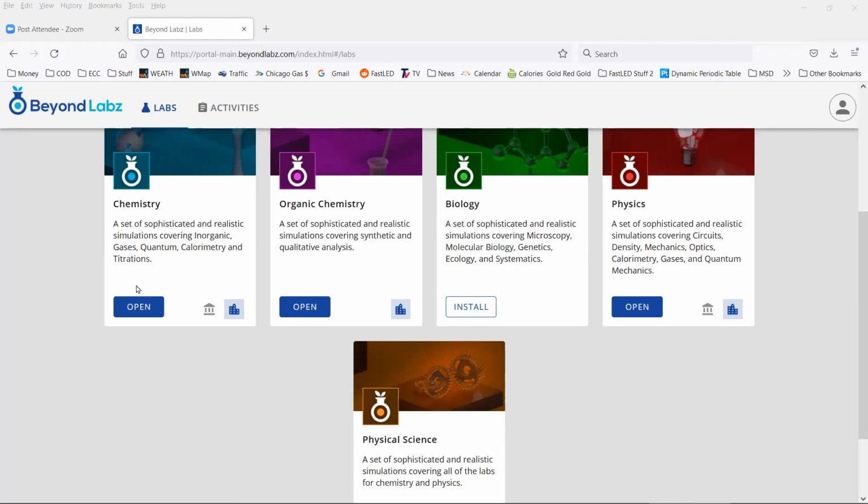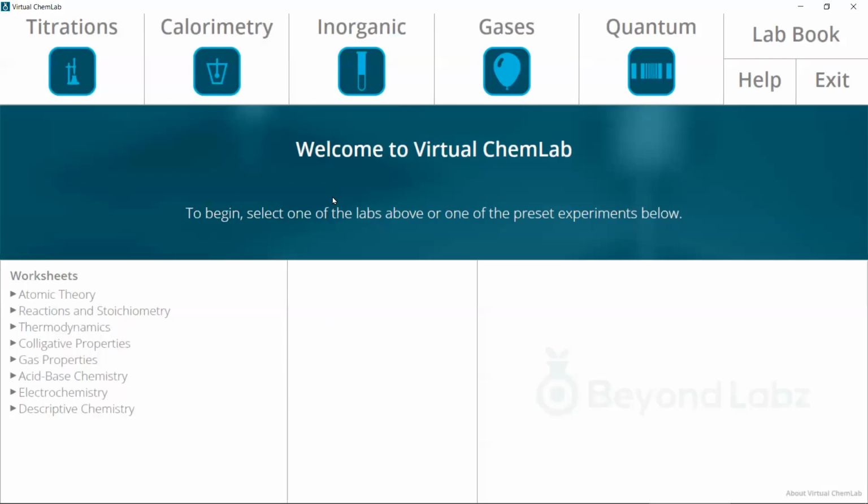Watch closely. Everybody should see the screen that at the top says titrations, calorimetry, inorganic. Thank you, Deanna. Now, don't click on these. On the lower left where it says worksheets, click on the arrow acid-base chemistry.